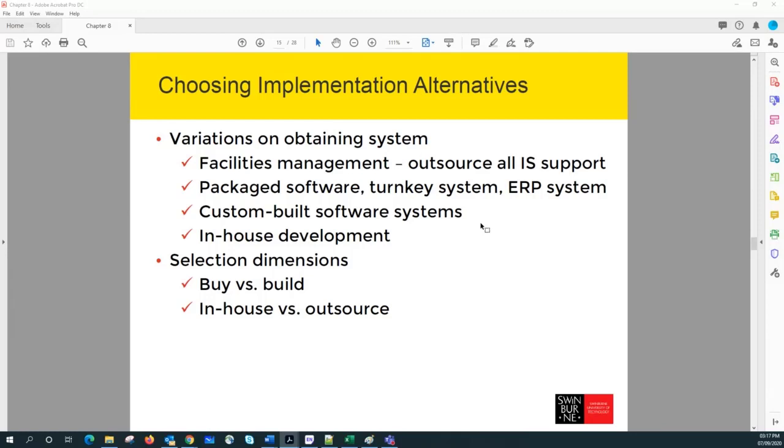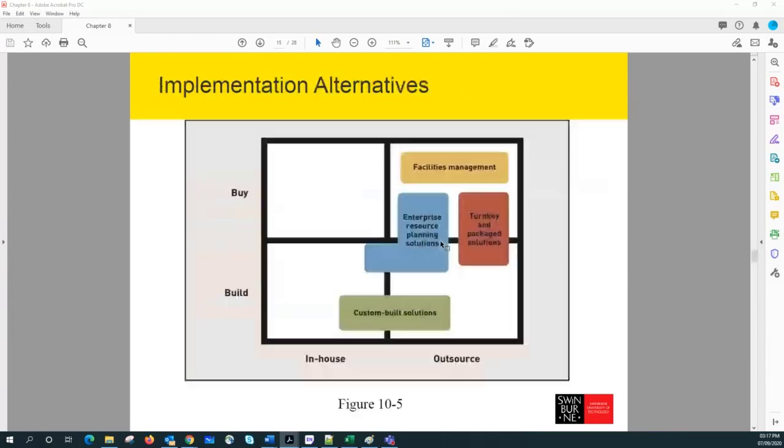If we develop it, do we develop the whole software in-house, or outsource a part of the software, etc.? So these decisions need to be made during the implementation stage as well. Each of these alternatives has pros and cons. I'm not actually going to discuss the pros and cons of each, because you may have already discussed these things in your introduction to business information systems subject, right?